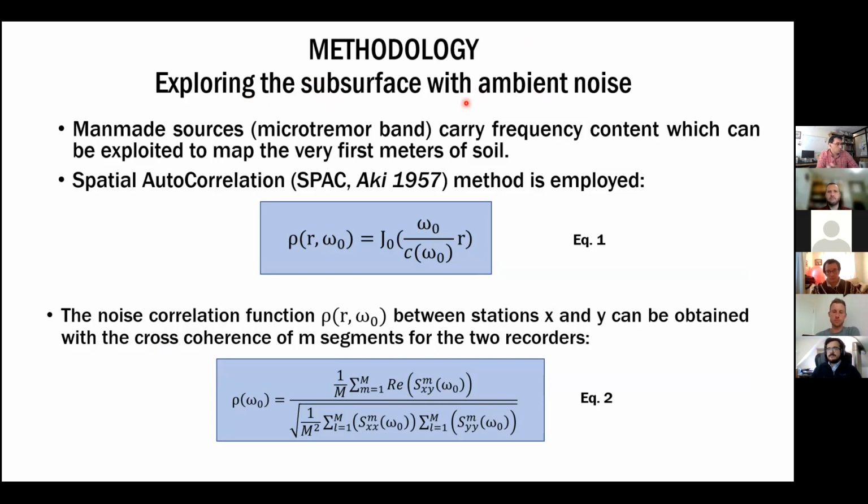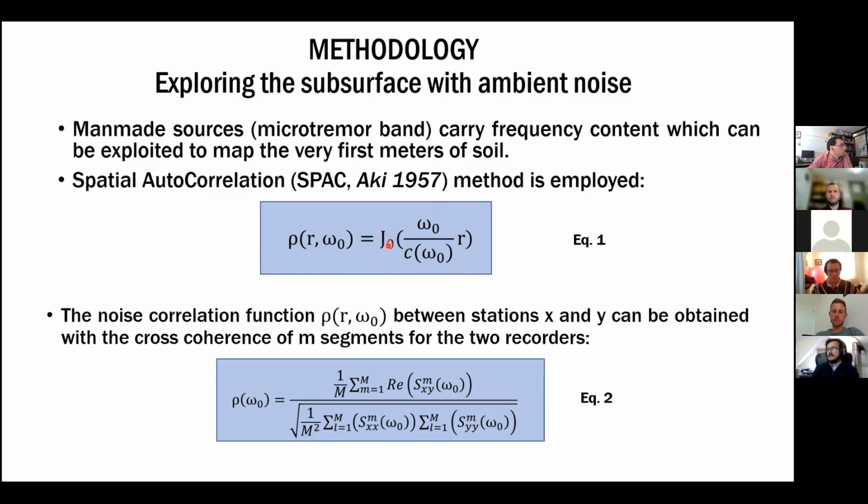In particular, the spatial autocorrelation or SPAC method, owed to Aki, is employed in this thesis. This method states that the temporal average of the correlation function in the frequency domain between two stations is related to the phase velocity by this equation, as long as there is not great directivity in the noise.